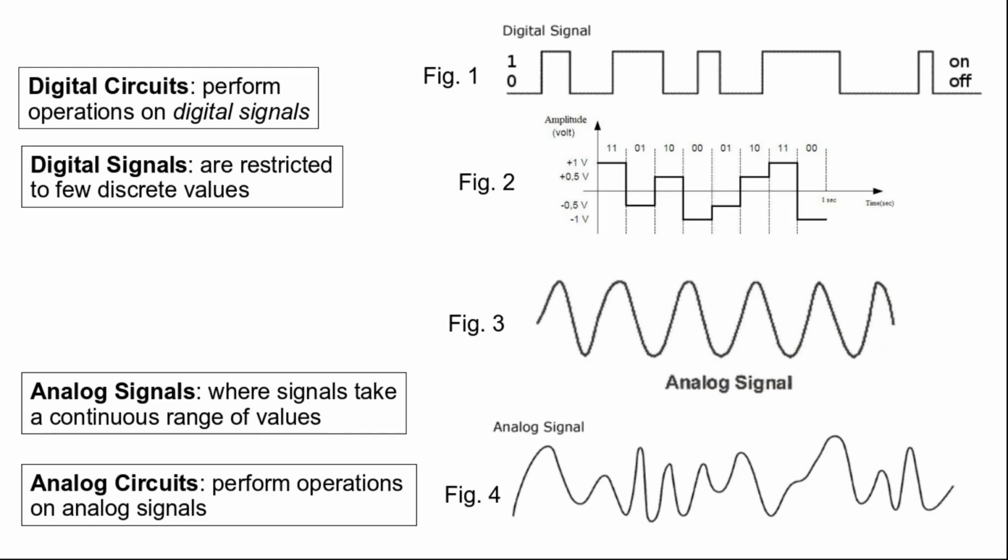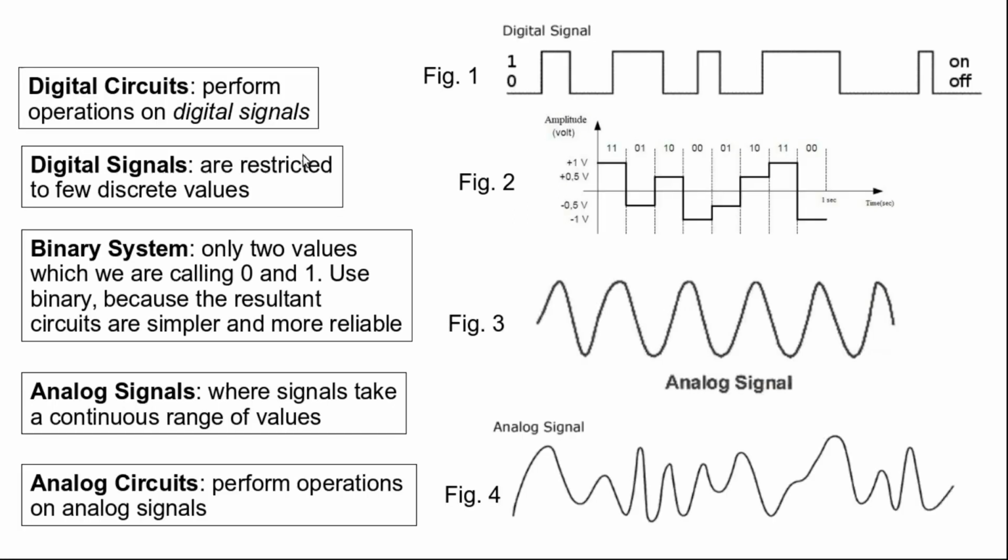Such signals are analog signals. Another example may be your voltage. So voltage may be 5.5 volt or 5.55 volt or 5.92 volt and so on. So analog signals can take an infinite number of values. Digital signals can take only a few possible, discrete values, and the circuits that operate on analog signals are called analog circuits. The circuits that operate on digital signals are called digital circuits.